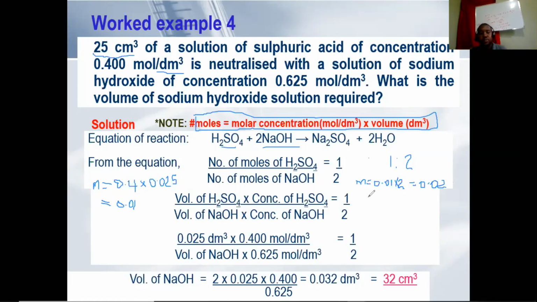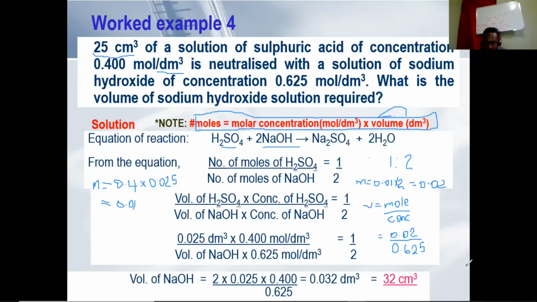All right, so now we have the mole of NaOH and we need to find the volume. So from the same equation again up here, the volume is equal to your mole divided by your concentration, right? So your mole here is 0.02 divided by your concentration, which is 0.625.